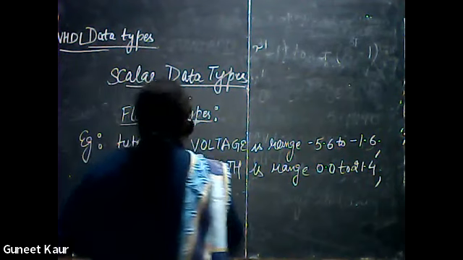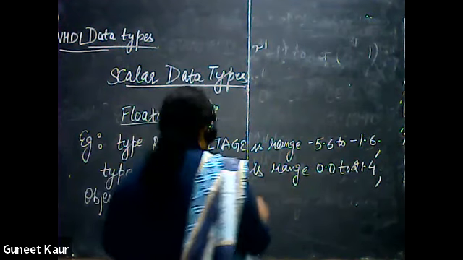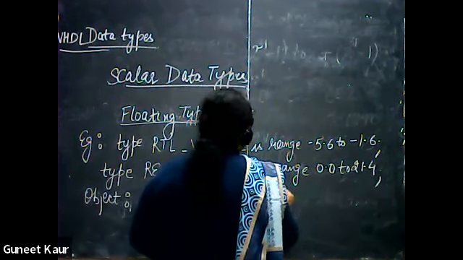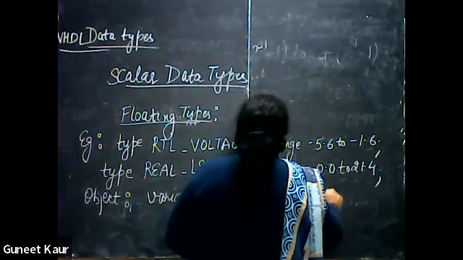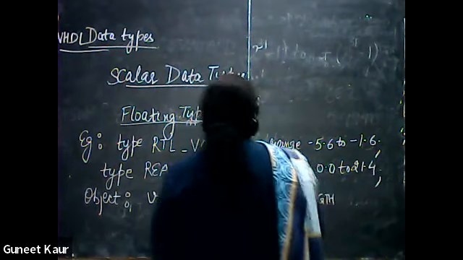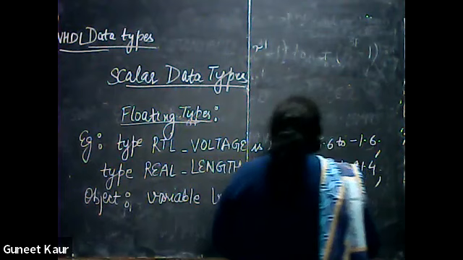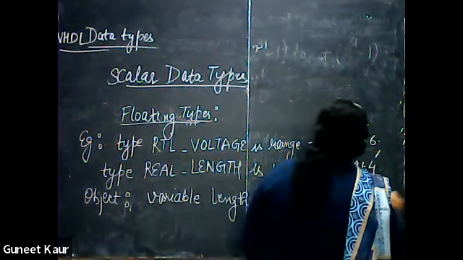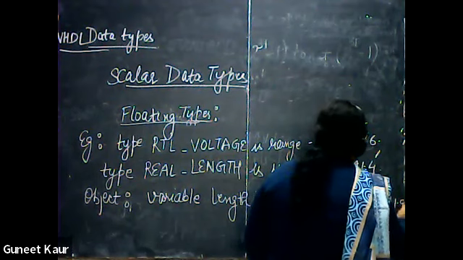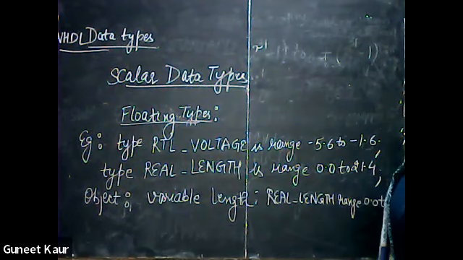So variable length, real length, range 0.0 to 11.9 semicolon. Now I will explain this in detail.